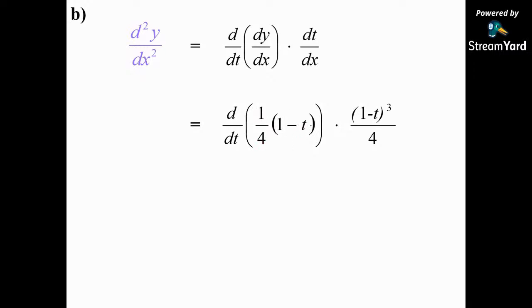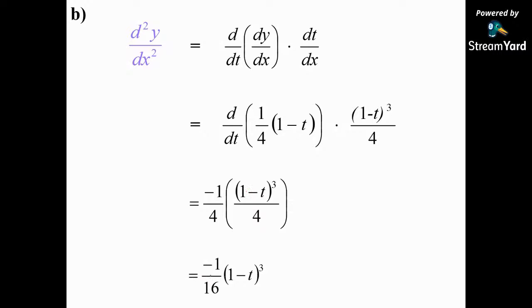Differentiating 1 over 4 times negative t, therefore it will become negative 1 over 4. So we're going to have negative 1 over 4 times (1 minus t) cubed over 4. Of course, you can easily times the 4 and 4. So we are going to get negative 1 over 16, (1 minus t) cubed. And that is actually the simplest one.